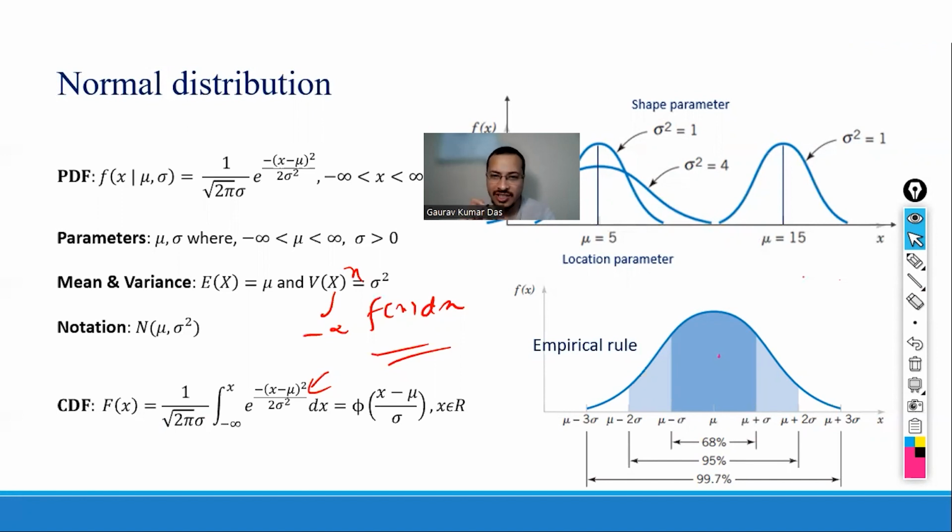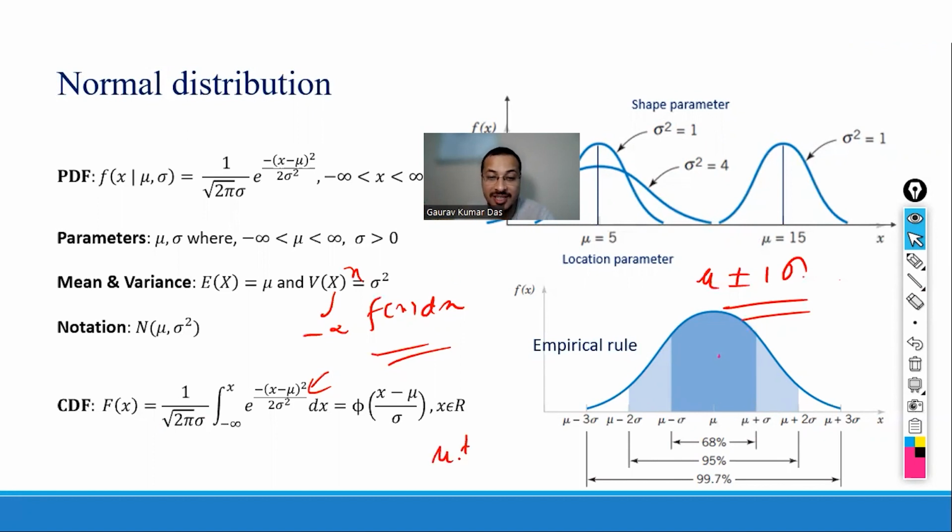But before we go to that, I just want to hint at a little empirical rule of normal distribution. On the properties of a normal distribution: within mu plus minus sigma, that is mu minus sigma to mu plus sigma, 68% of the data points will lie within this region. 95% of the entire data will lie between mu plus minus 2 sigma. 99.73 percent of the entire data set will lie within mu plus minus 3 sigma.